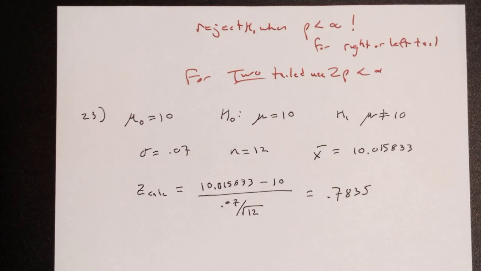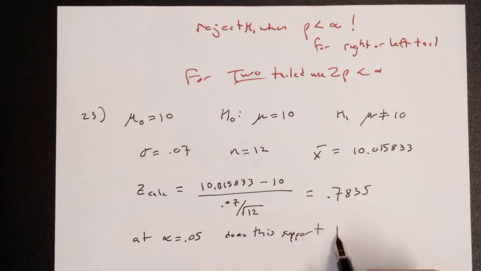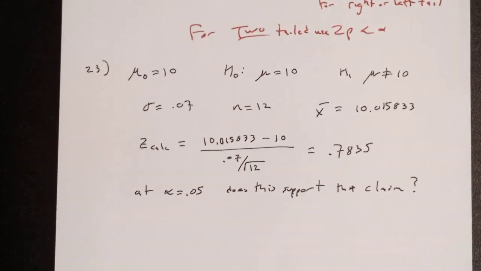Great. The textbook says at a 5% level of significance. Does this data support their claim or not? Do you want to do the critical value or the p-value?